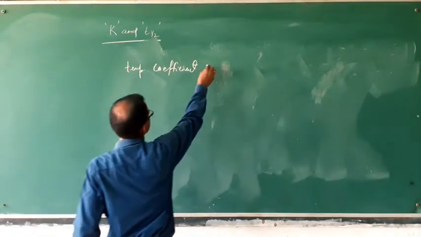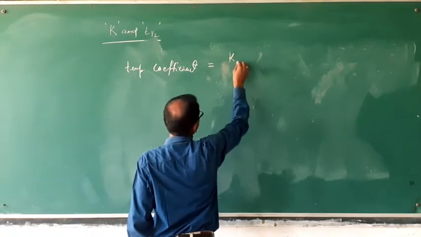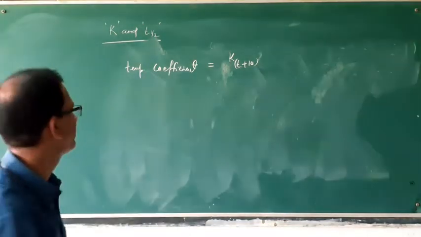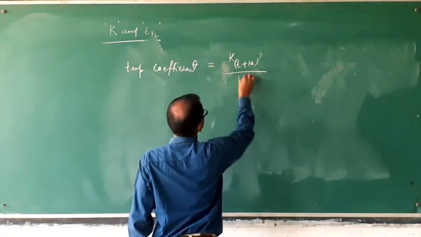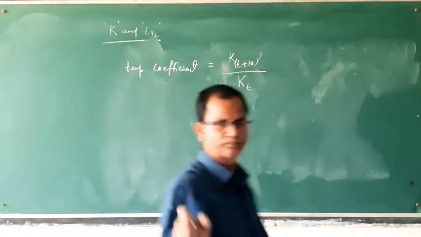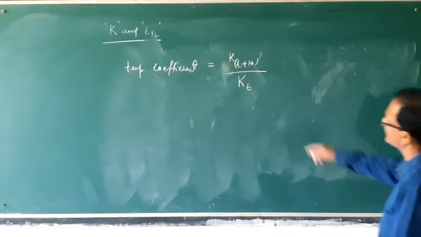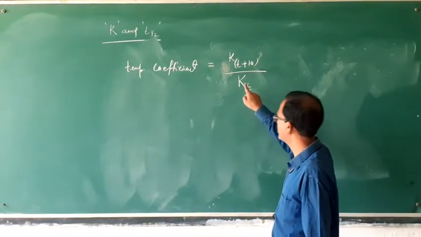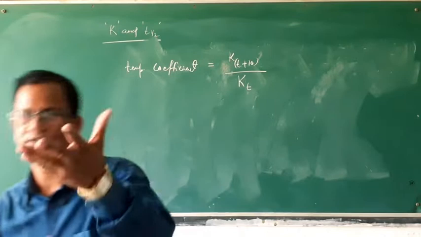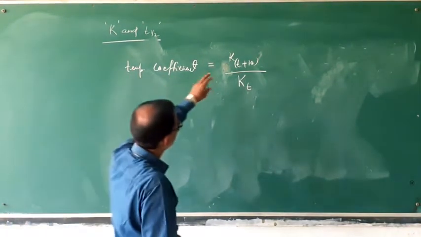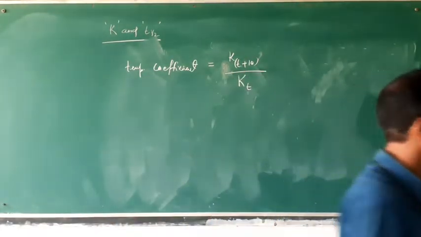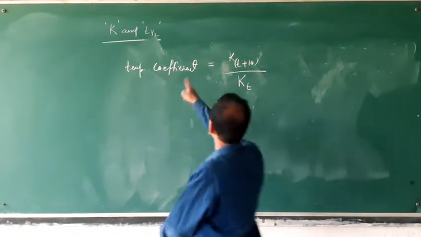Temperature coefficient is generally expressed as the rate constant at temperature T plus 10 upon KT, that is, the rate constant at T plus 10 temperature upon the rate constant at T temperature, which are 10 degrees apart. The ratio of rate constants at a 10 degree difference is called the temperature coefficient.